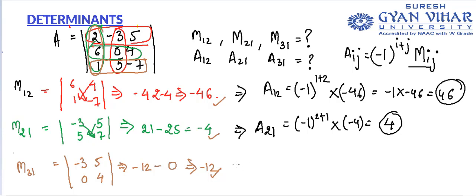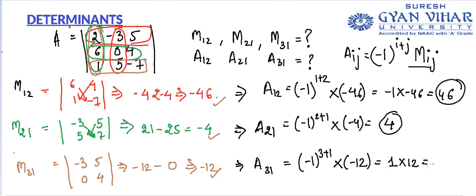Now the last is A31. For A31, minus 1 to the power 3 plus 1, into minus 12. So it would be positive 1 into minus 12, and you get the answer as minus 12.